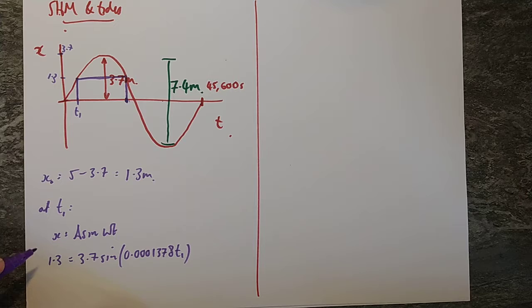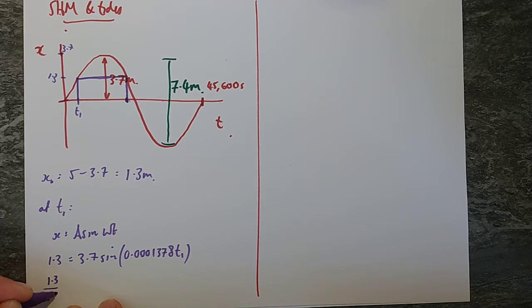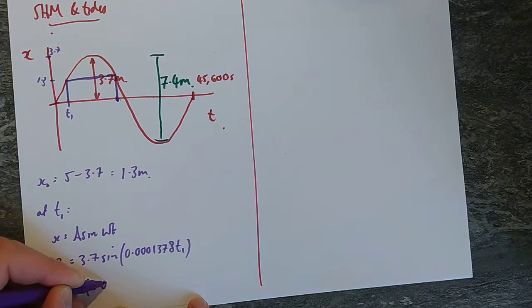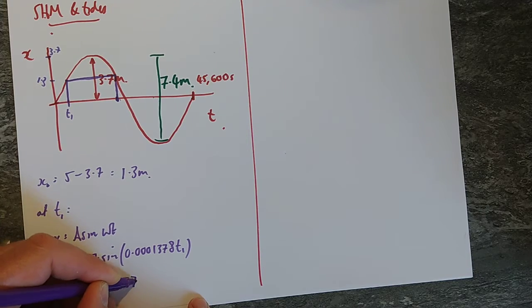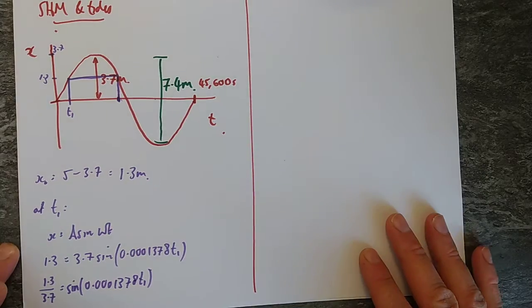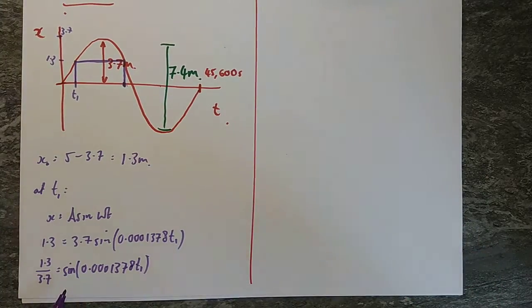So rearrange this. I'm going to get 1.3 divided by 3.7 equals sine of this decimal here, 0.001378 T1.